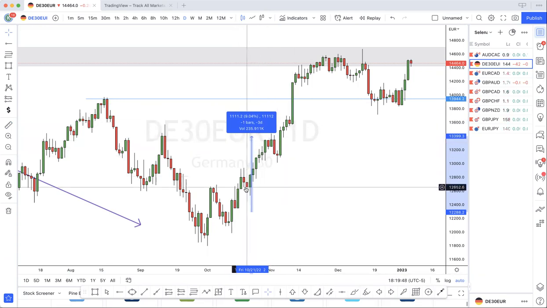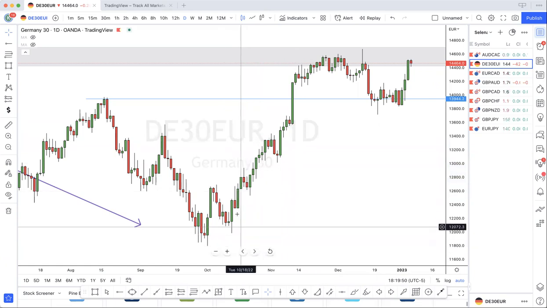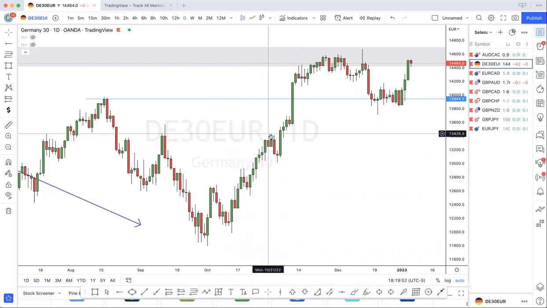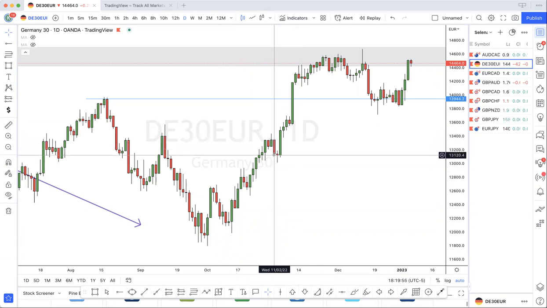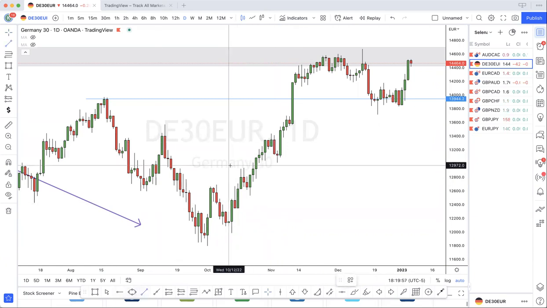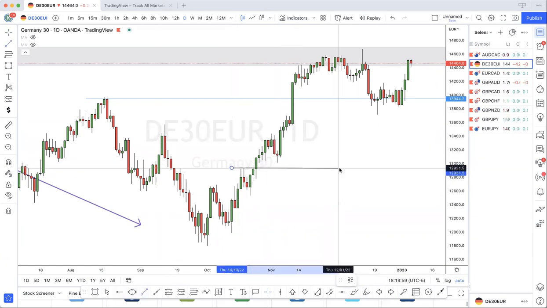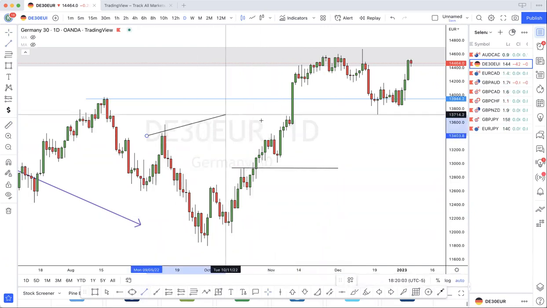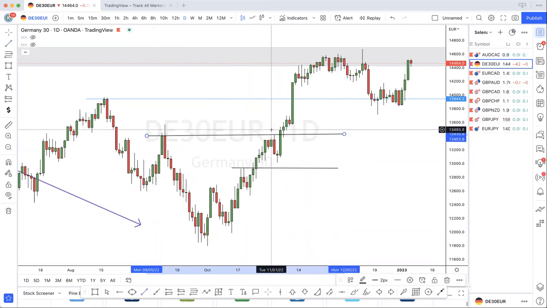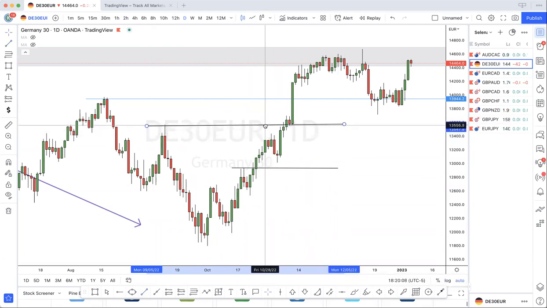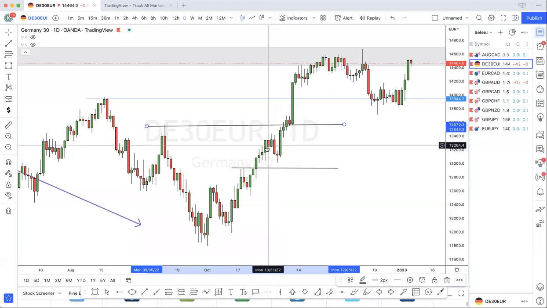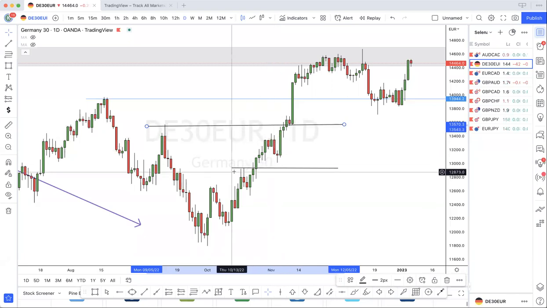And then once you start getting your breaks of structure, because I don't want you to get caught in the pullback, this is an order block here. You see it came up, it pulled back, but it didn't break this last low.